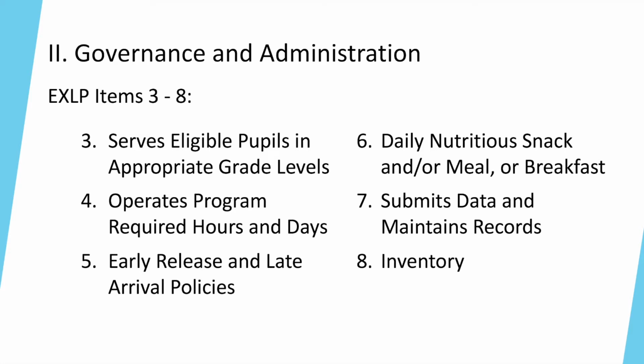The items in this section are: 3, serves eligible pupils in appropriate grade levels; 4, operates program required hours and days; 5, early release and late arrival policies; 6, daily nutritious snack and/or meal or breakfast; 7, submits data and maintain records; and 8, inventory.